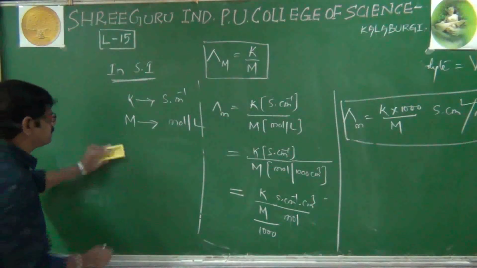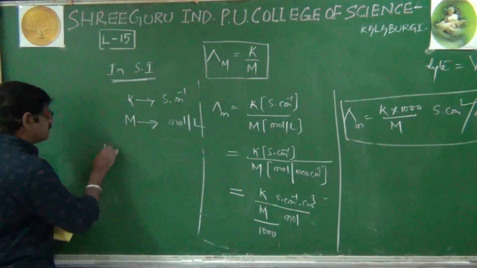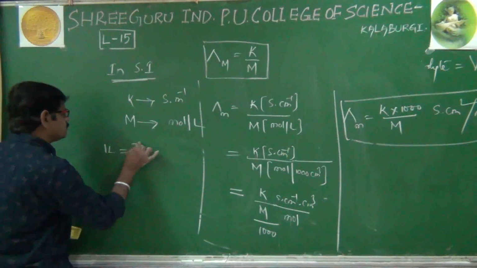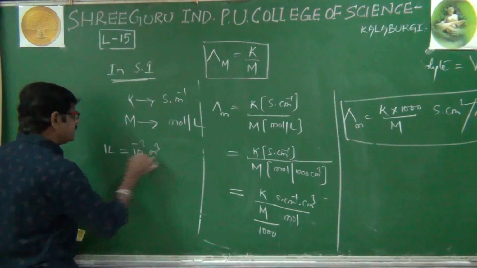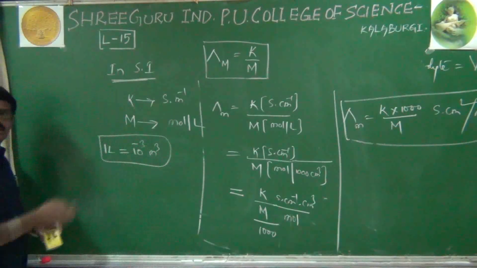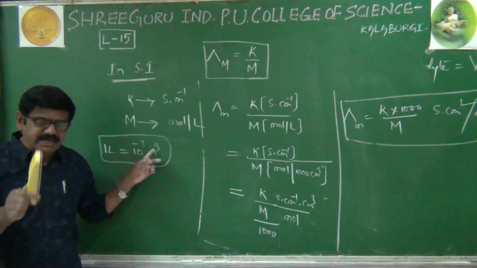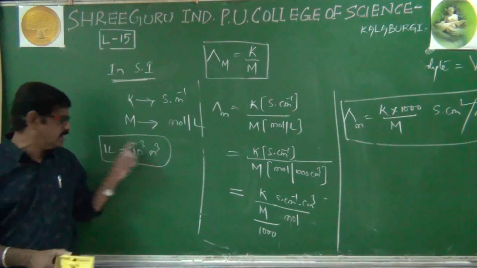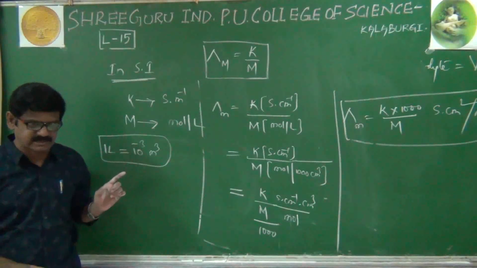Therefore, we will substitute here. Why have we taken meter cube? Because meter cube is an SI system value; liter is not.